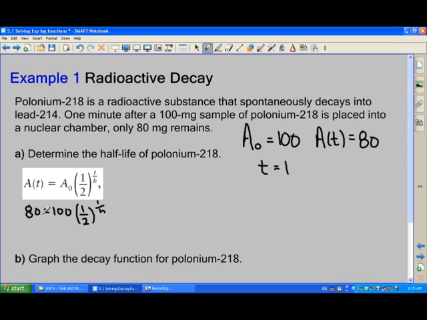And I want to start solving this. The first thing I'm going to do is divide both sides by 100 to get rid of that coefficient. So I'll end up with 0.8 equals 1/2 to the power of 1 over h. And now I'll take the common logarithm of both sides.